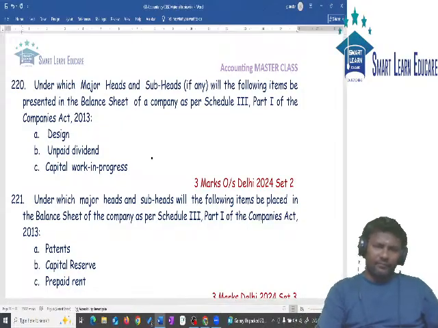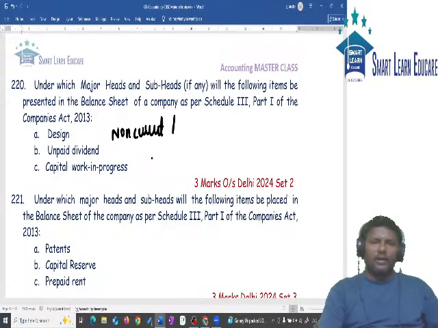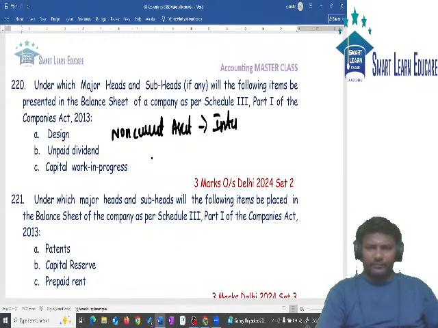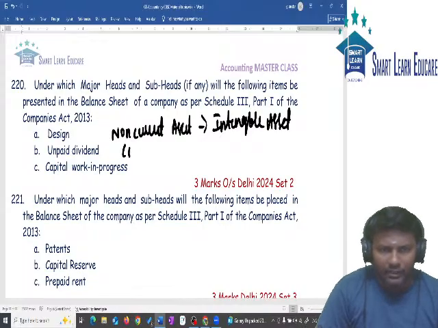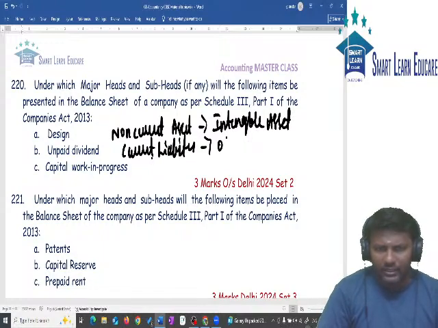Design will come under non-current asset. Under non-current asset, it will come under intangible asset. Unpaid dividend, as I told you, will come under current liability. In current liability, it will come under other current liability.